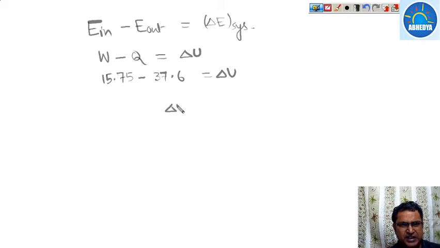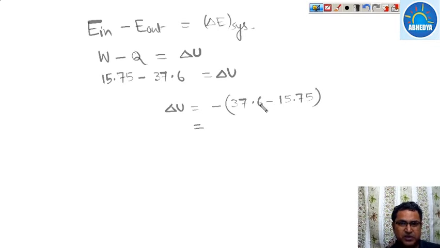So change in internal energy comes to be 15.75 minus 37.6, which comes out to be minus 21.85 kilojoule.